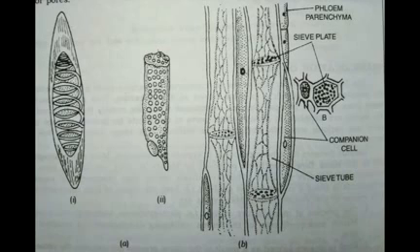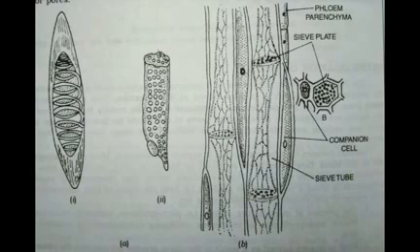Vessels are made of cylindrical cells placed end to end with their intervening walls absent. In flowering plants, both tracheids and vessels conduct water, while in non-flowering plants, tracheids are the only conducting cells.